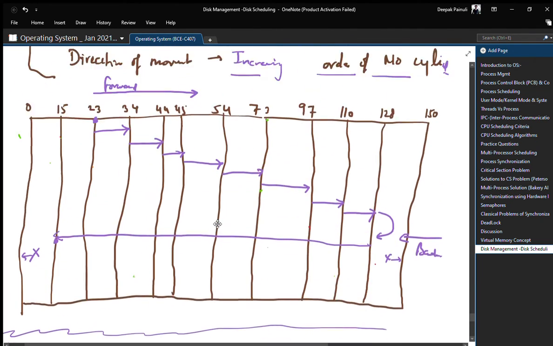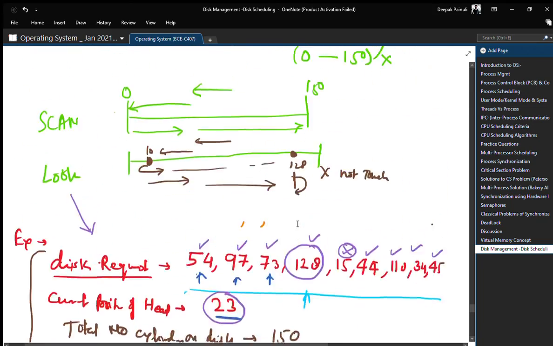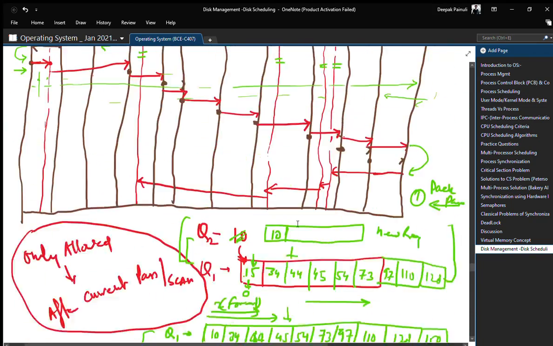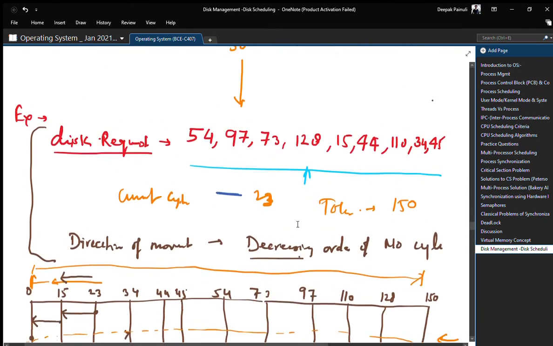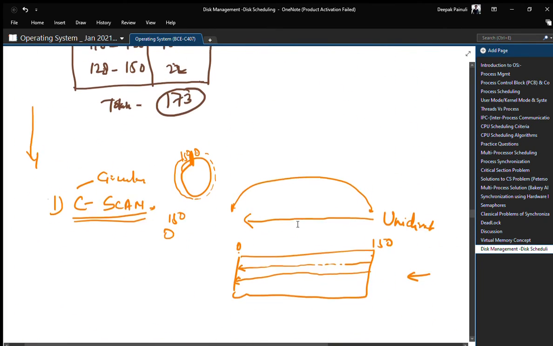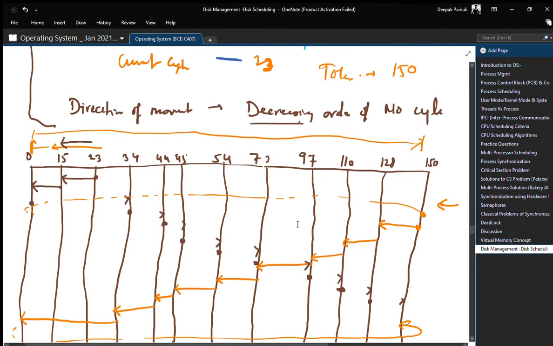See, in the C-SCAN, what did we do? After reaching one border, we jumped directly to the other border, and then again traversed in the same direction.